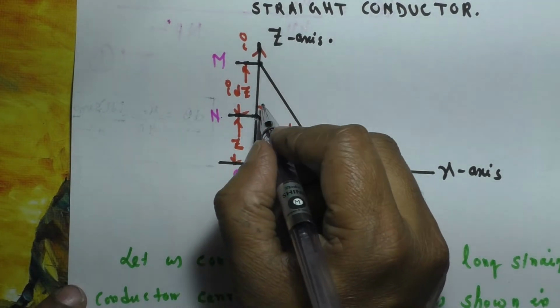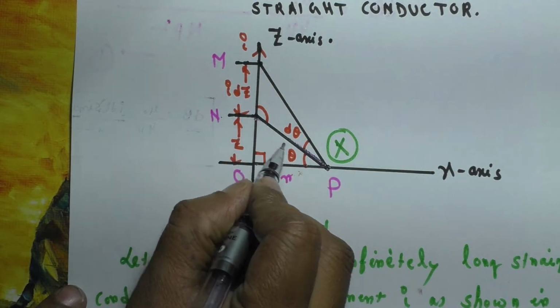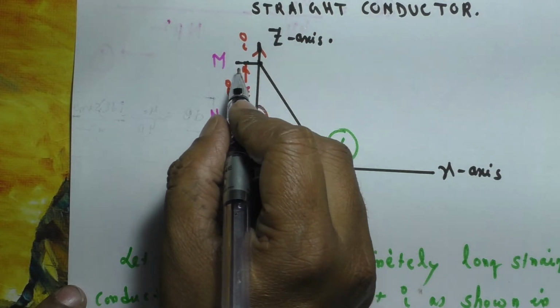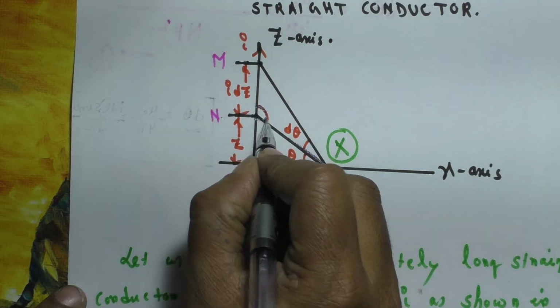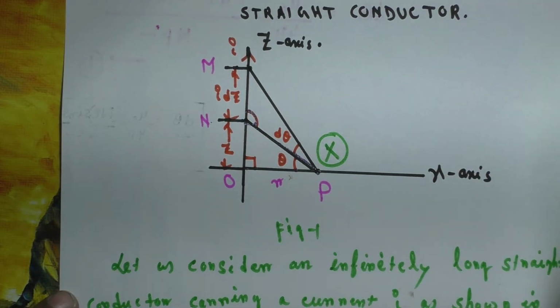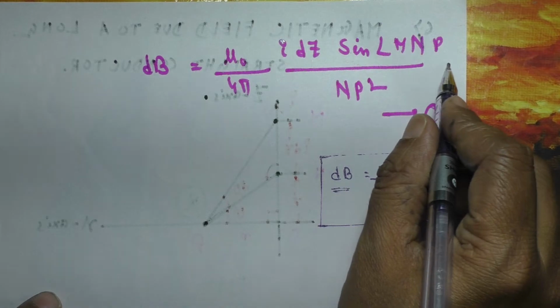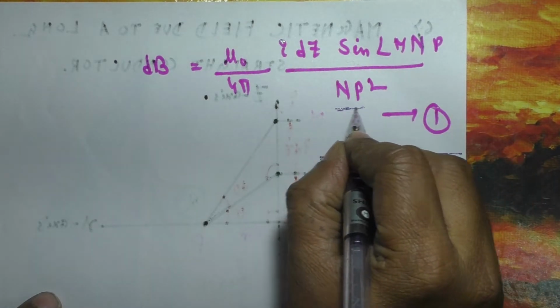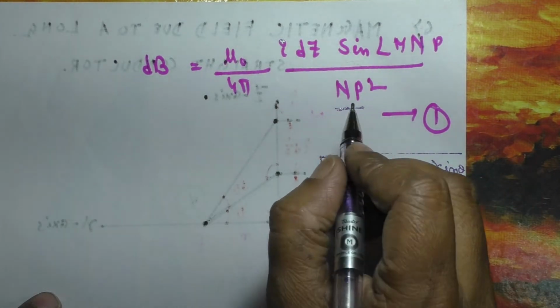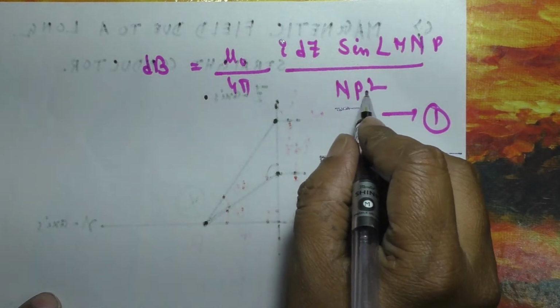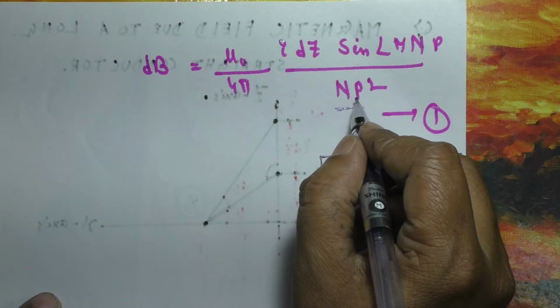So the angle between the current element and the position vector NP is this angle, MNP. So in place of theta we can write MNP, and in place of r square we write NP square.